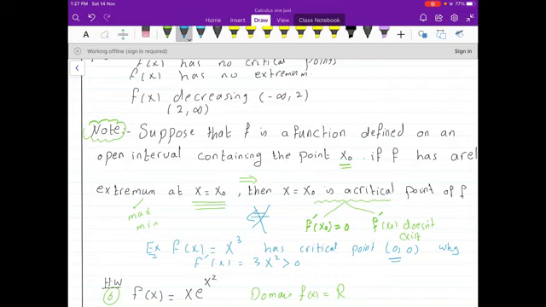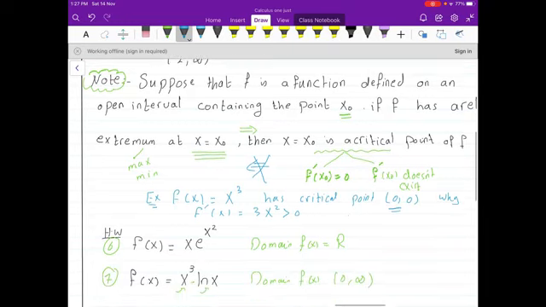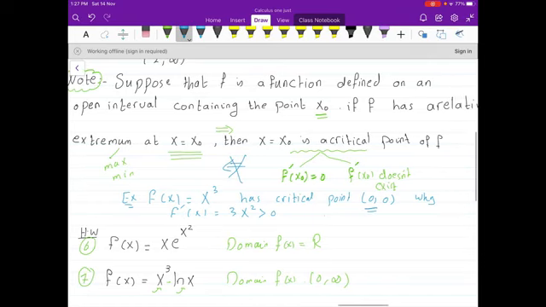God willing, in the next lecture we will continue based on this note and solve examples, and study more properties of the function. We will learn what we mean by concavity. So we studied in this lecture 3 concepts: what we mean by a critical point, what we mean by an increasing and decreasing function, and what we mean by a relative extremum.